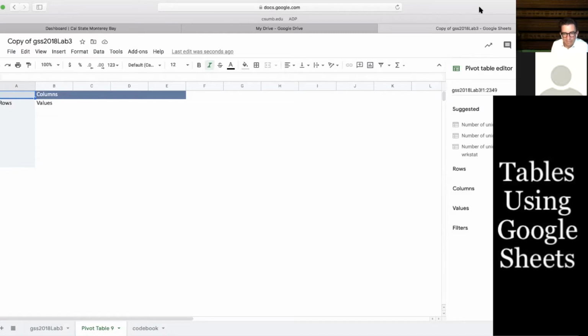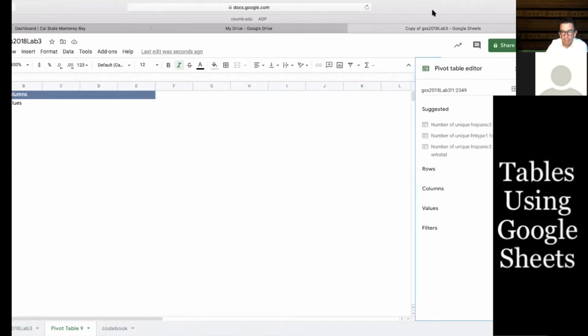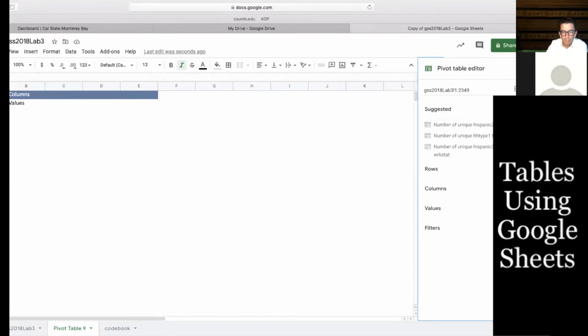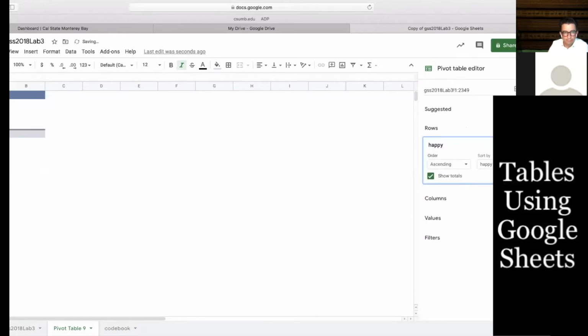We're hypothesizing that your happiness depends on your marital status. So if we are under that setup, then our dependent variable is going to be on the rows, and our dependent variable is the variable happiness. So I'm going to go to the rows and add that variable happiness.